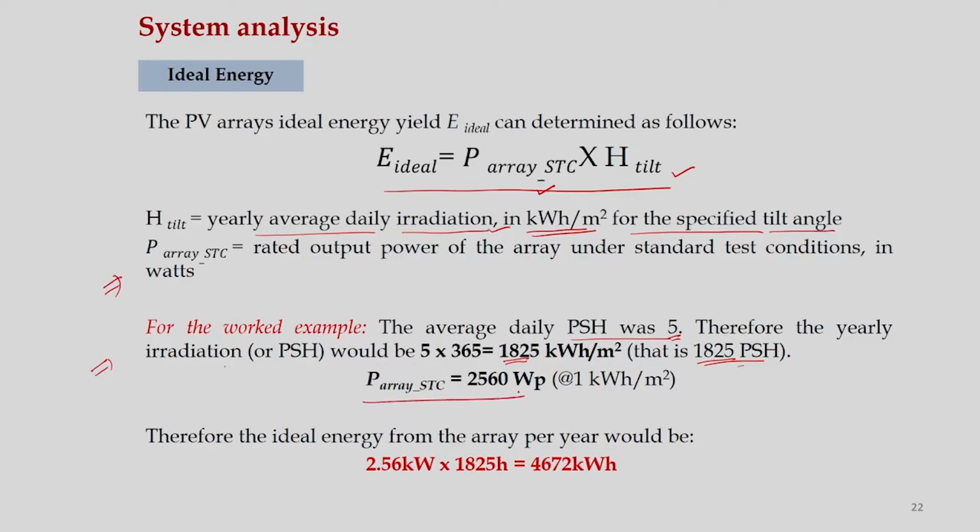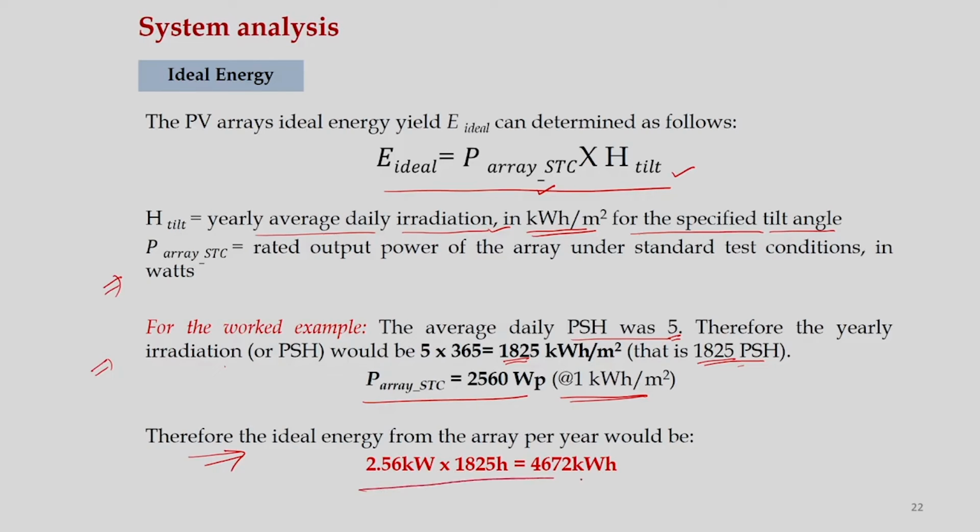So, P array will be 2560 watt peak at 1 kilowatt per meter square, right. So, we can calculate now what will be the ideal energy from the array per year.